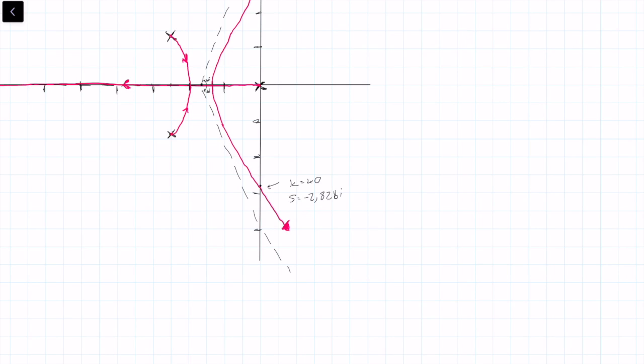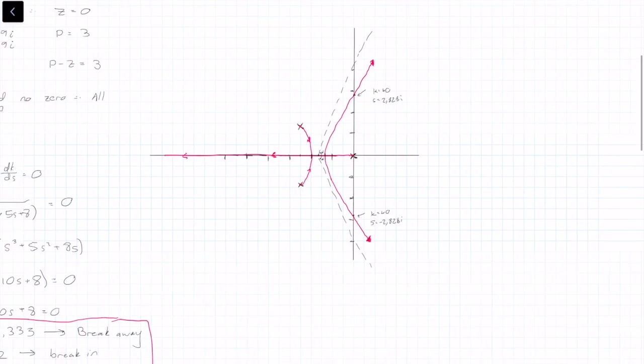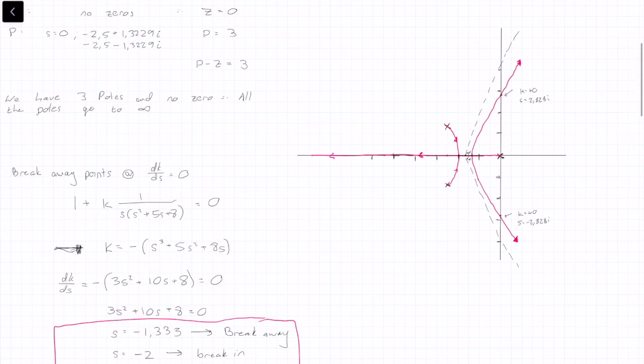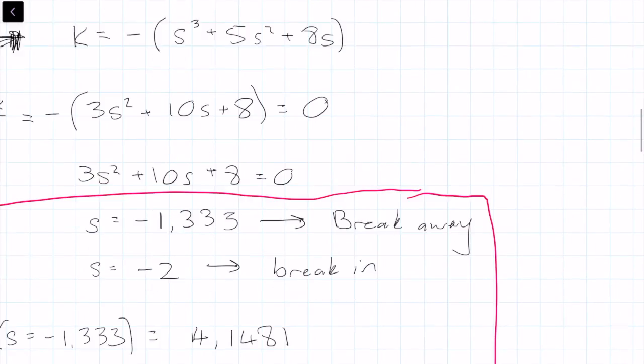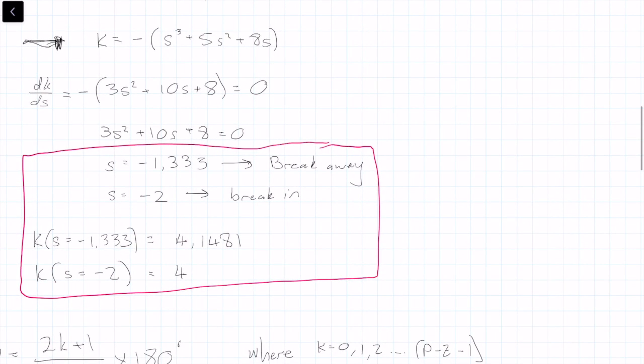Once again, you should probably label these points as well, which we calculated. I'm a bit tight on space, so I'm just going to leave it, but you would put these values in. So minus 1.333 with K equals 4.1481.